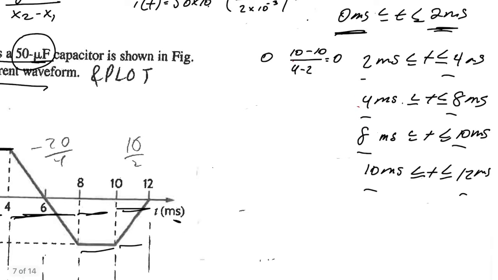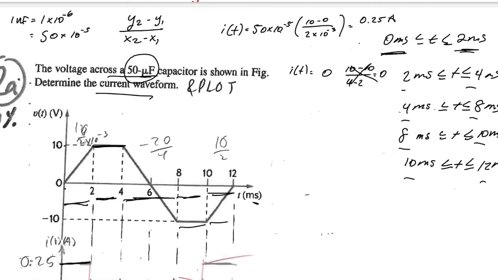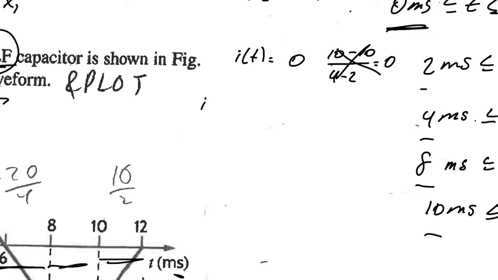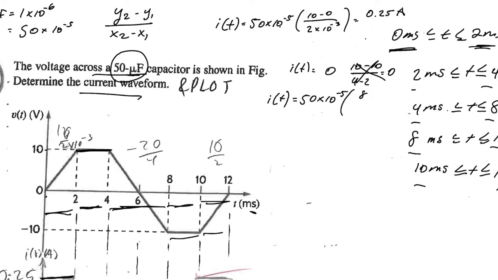So from 4 to 8, I want to write that. Here we have 8 minus 4, times capacitance, so 50 times 10 to the negative fifth times, oh no, I wrote that wrong.